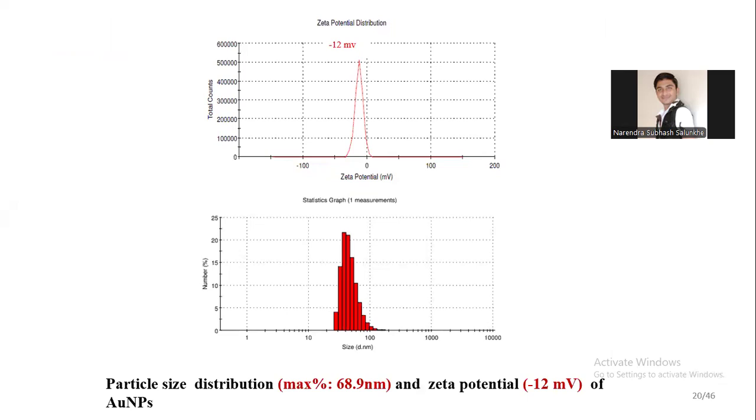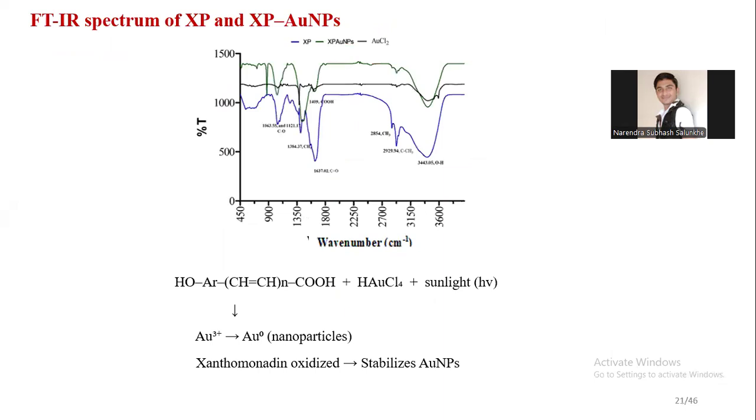After electron microscopy, we proceed to the next characterization, particle size analysis. The particle size was determined to be 68.9 nanometers, and the zeta potential was determined to be minus 12 millivolts. Then one more characterization, FTIR analysis, is used to determine the possible mechanism of the pigment reacting with the gold solution.